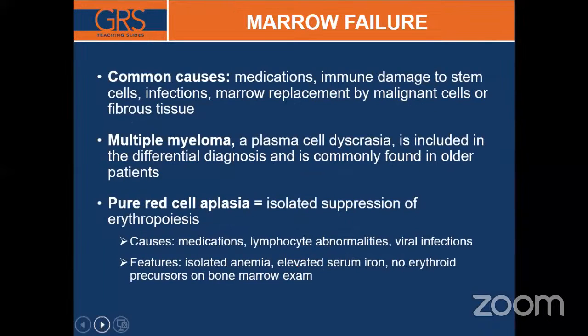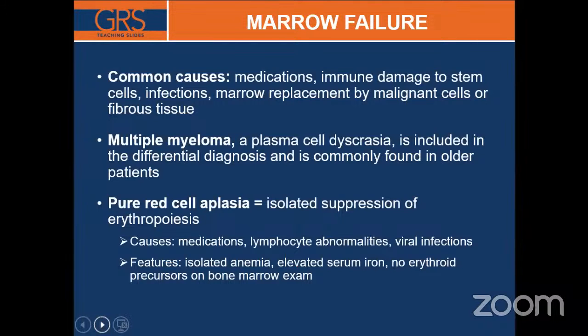Okay. The other cause that we talked about is bone marrow failure. Of course, bone marrow failure is a broad term, and causes include many, like medication, immune damage, infection, or malignancy. The cause that is often missed is multiple myeloma, which is a plasma cell dyscrasia, which should always be included in the differential diagnosis because it's a disease most commonly affecting the elderly, and it might present with features of anemia.